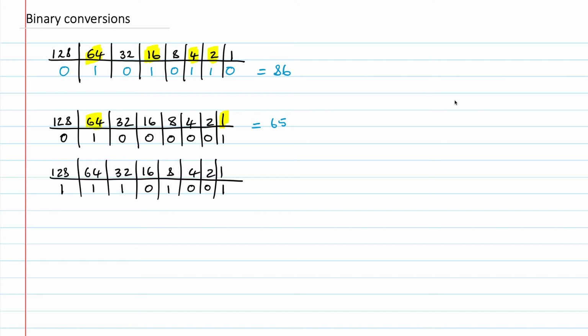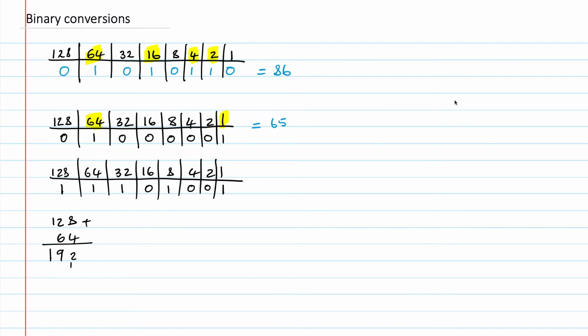So now we're going to have a larger number here. So let's work this one out. So 128 plus 64. What is 128 plus 64? Well, 8 plus 4 is 12. 6, 7, 8 plus the 1 is 9.